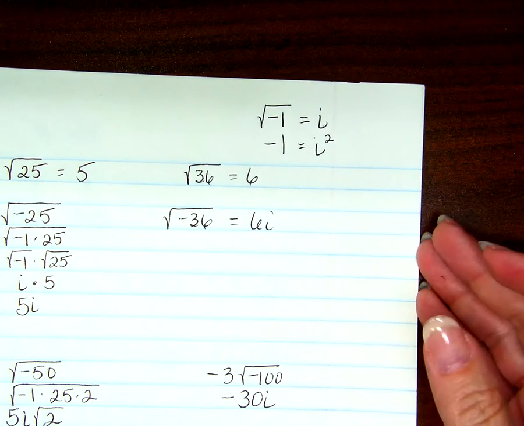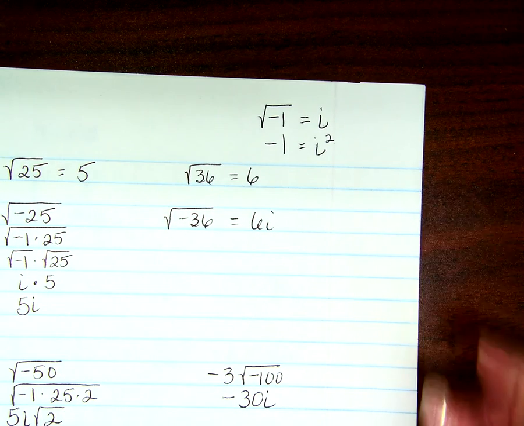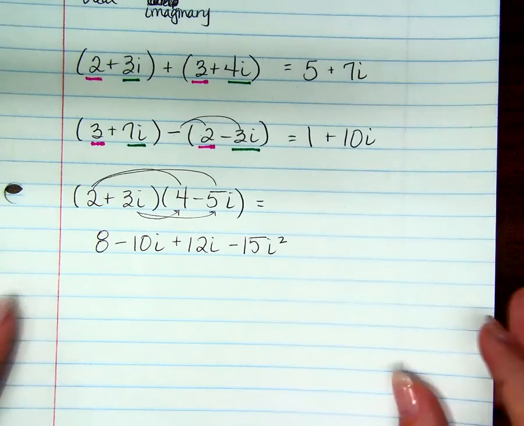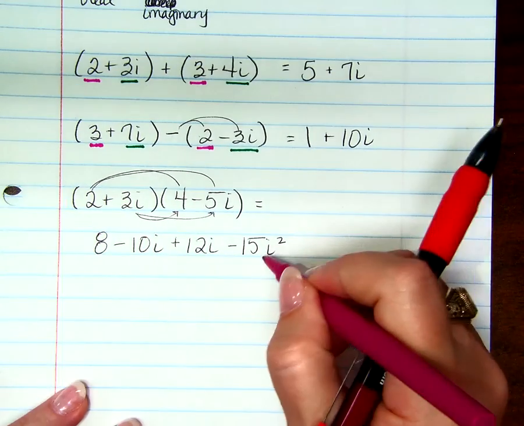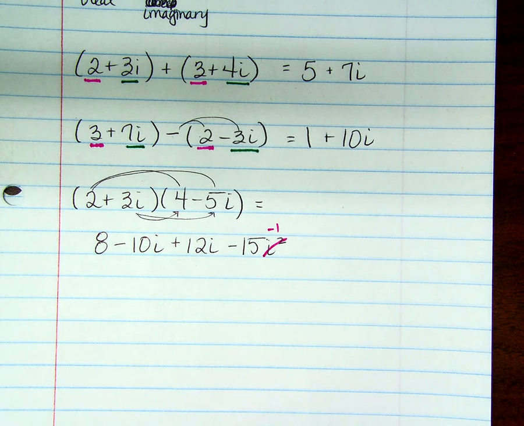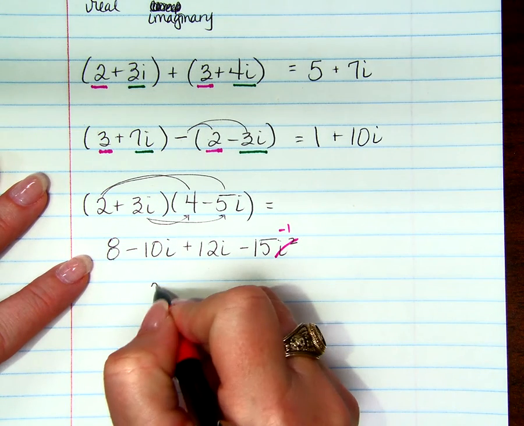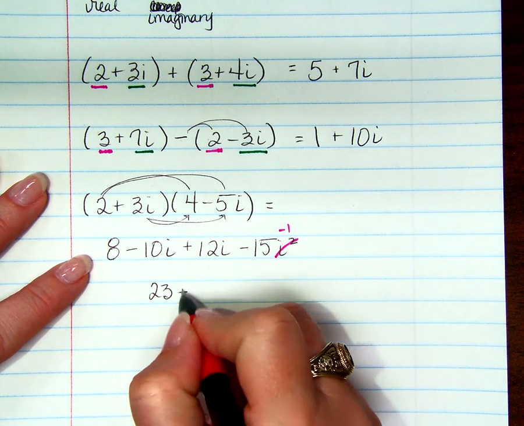It's negative 1. i squared equals negative 1. Okay? So going back to this problem right here, this equals negative 1. So what is negative 15 times negative 1? 15. So I have 8 plus 15. 23 plus 2i. That's right.